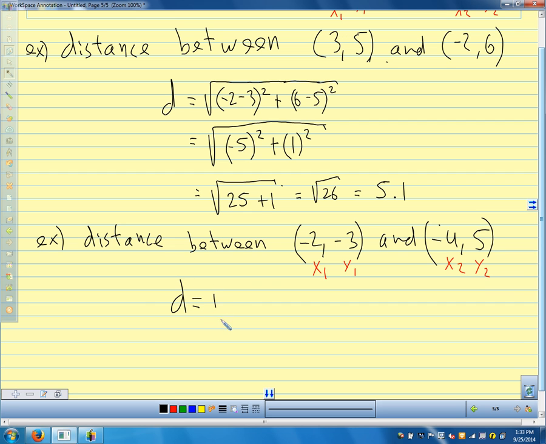And my distance is going to be the square root of x2 minus x1, negative 4 minus negative 2 squared, plus y2 minus y1, 5 minus negative 3, and we're squaring that.